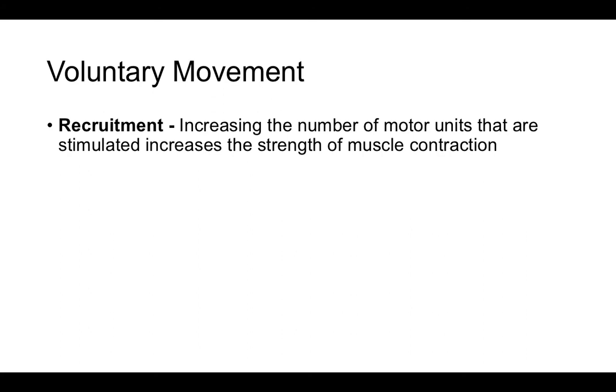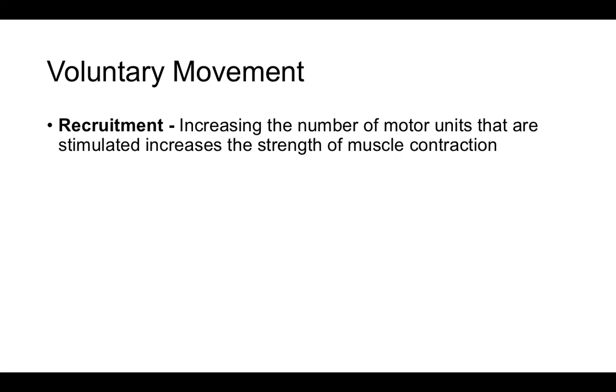Now, recruitment is when you increase the number of motor units that are stimulated to increase the strength of the muscle contraction. Okay, so for example, I need you to think about just sitting down on your chair. Do you think it's going to take more or less muscle cells and therefore active motor units to sit down and to stand up than it will to squat 200 pounds?